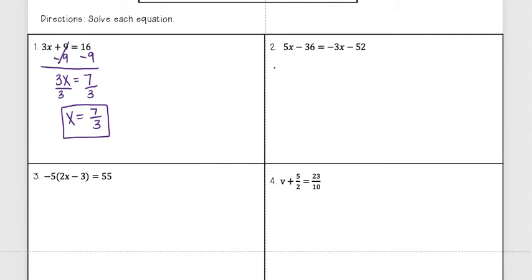Okay, now this next one is a little bit different. I see that I have a variable x on both sides of the equation. Whenever I see this, I need to get all variables on one side.